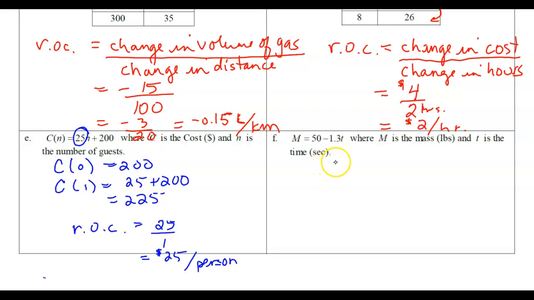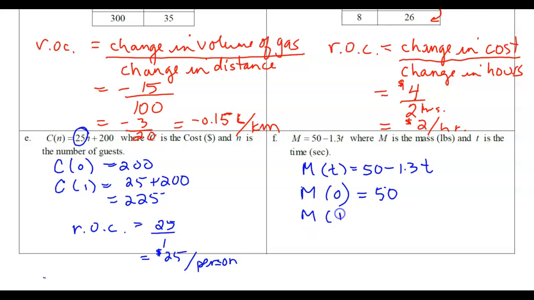So we could test it out. I'll change it to function notation. So if I go m of t, this is why function notation is so nice, because then it is easy to tell what you're substituting in. So if I go m of 0, I get 50. If I go m of 1, I get 50 minus 1.3, which is 48.7.